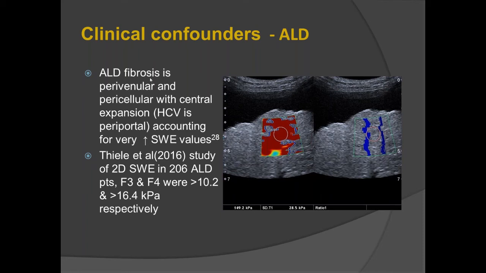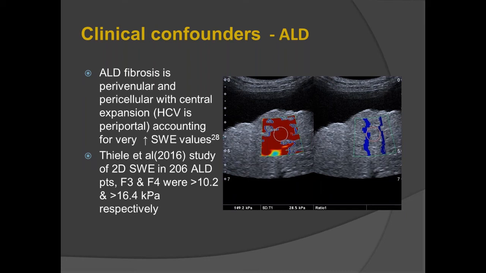When Teal looked at these 206 cases, they found that almost all of the cirrhotic livers were more than 16.5 kilopascals. And as we know, our F4 level for cirrhosis in our other liver diseases is around the 11 mark.